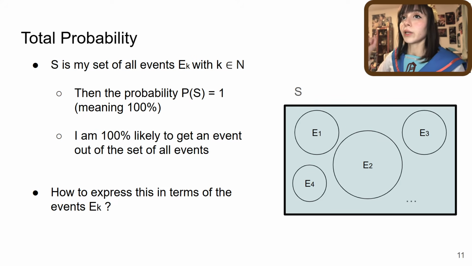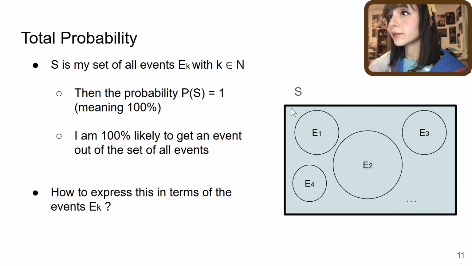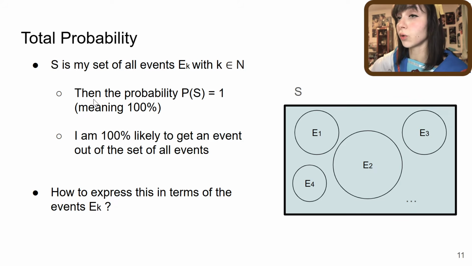So now that we know what probability is, and we know about disjoint events, I have a big set of disjoint events, which I'm calling S, and the probabilities of the disjoint events by definition need to add up to 1. So they add up to 100%, because that is the total probability of my set of possible outcomes.